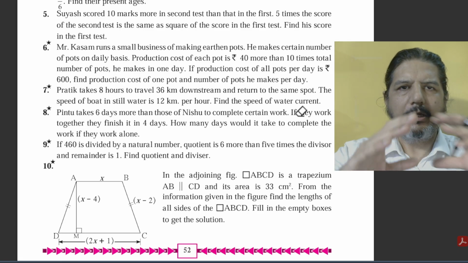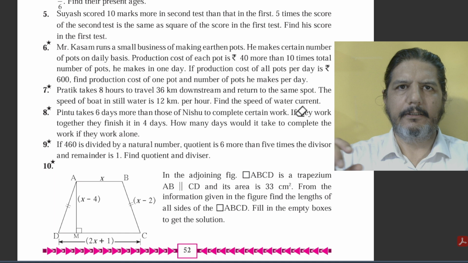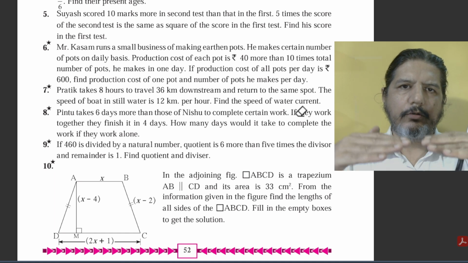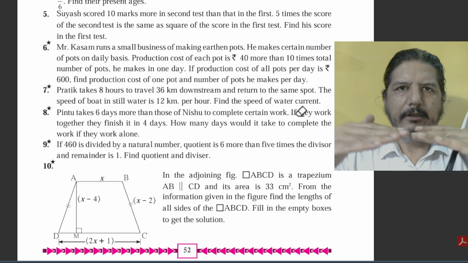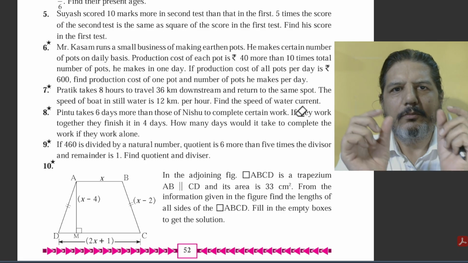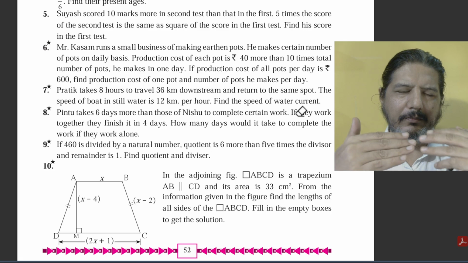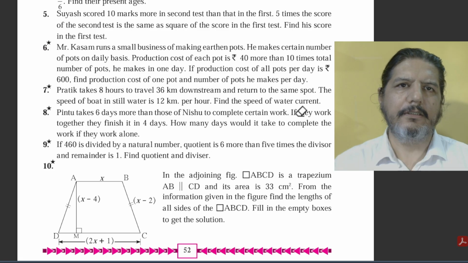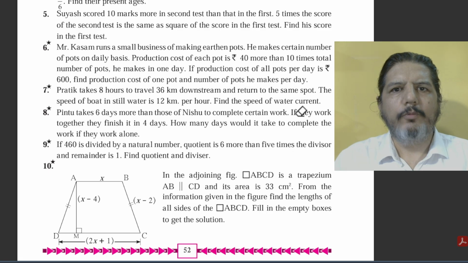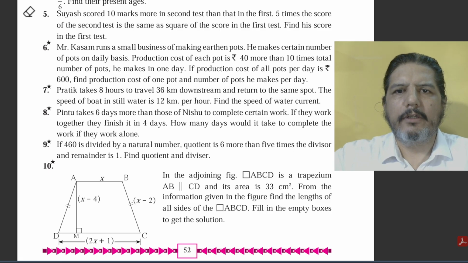You can break the sentence into two parts and then try to understand. Basically you have to translate the English written in the word problem into mathematical notation. That is what a word problem does. So hope this was useful. Let's go to the next question.